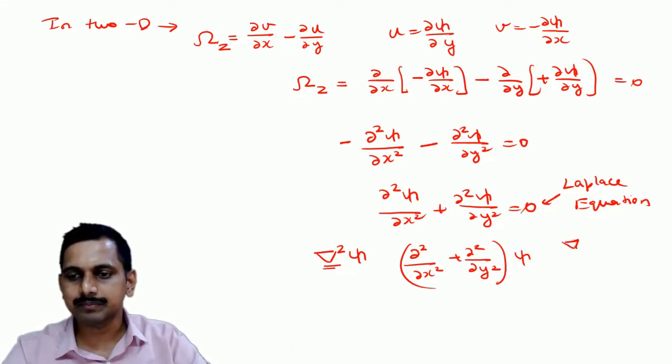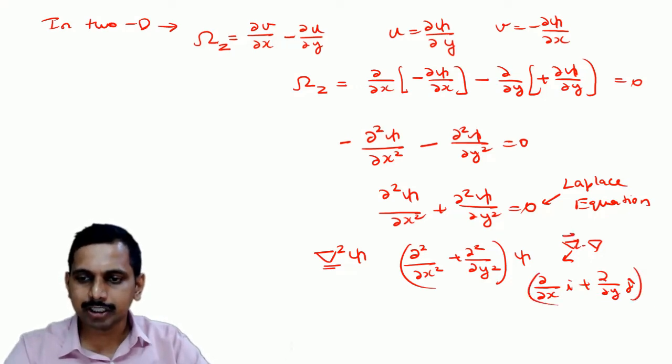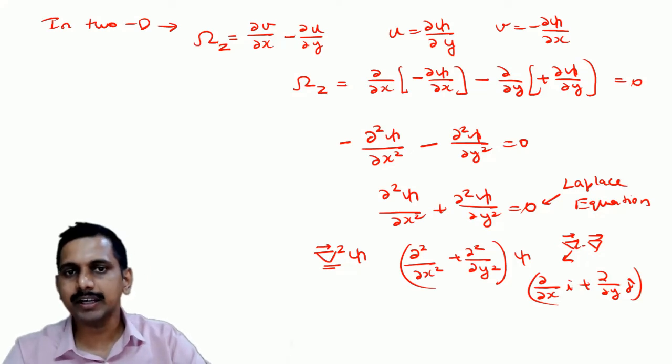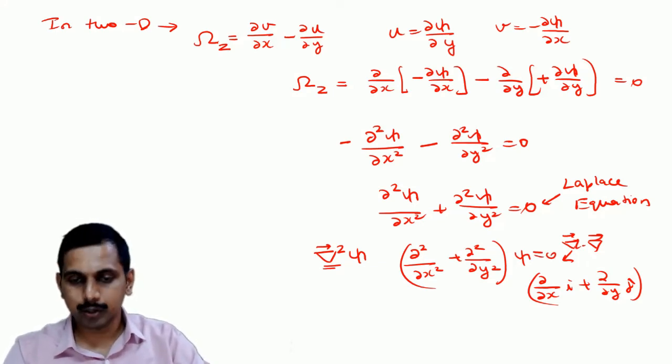Del dot del. What is del? Del is ∂/∂x i plus ∂/∂y j, and it is a vector operator. So del square is a scalar. So del square of ψ should be equal to 0 for it to be irrotational.